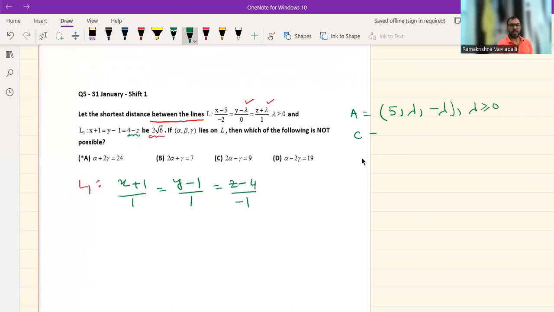And second point on the second line, minus 1, 1, 4. These are the coordinates. Okay. So now given that shortest distance equal to 2 root 6.